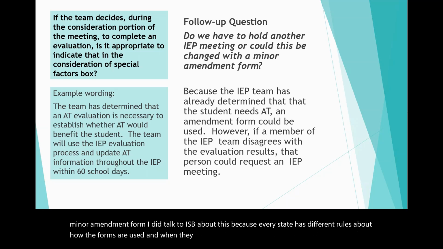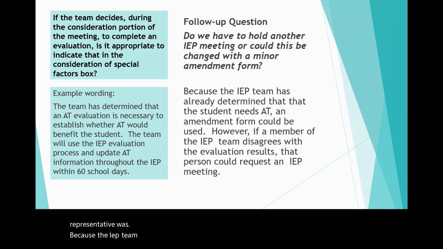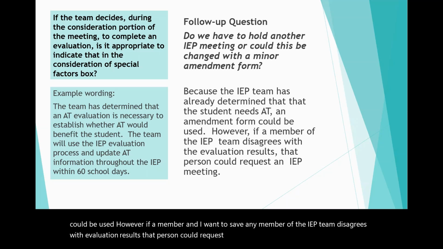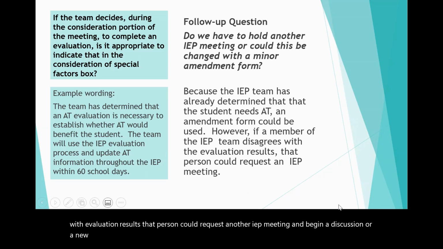And the response I got from our ISBE representative was, because the IEP team has already determined that the student needs AT, an amendment form could be used. However, if any member of the IEP team disagrees with the evaluation results, that person could request another IEP meeting and begin a discussion or a new consideration process based on the results of the evaluation.